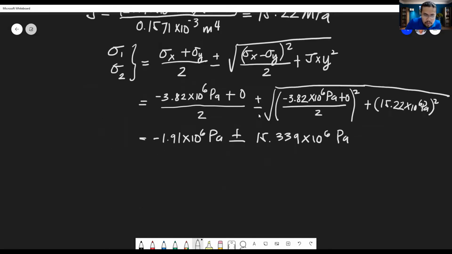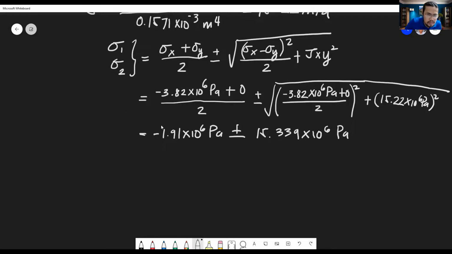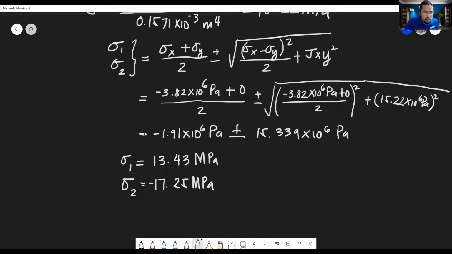If you simply add this, sigma 1 is going to be 13.43 megapascals, while the second principal stress is negative, so it's compressive, 17.25 megapascals.